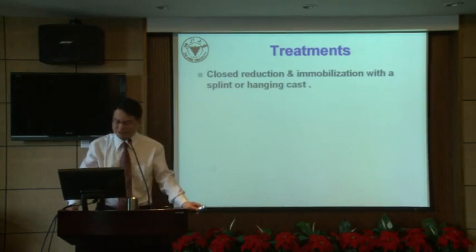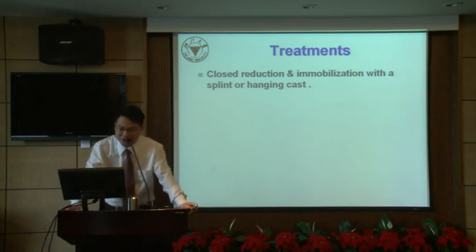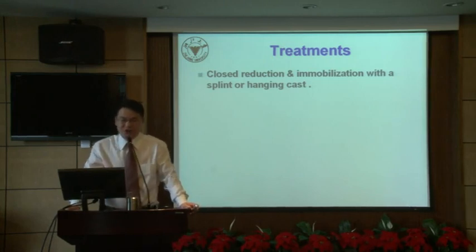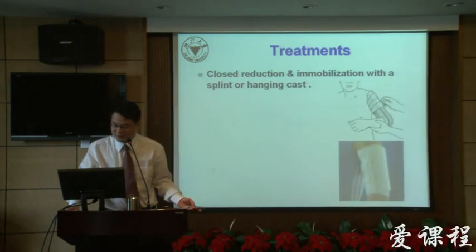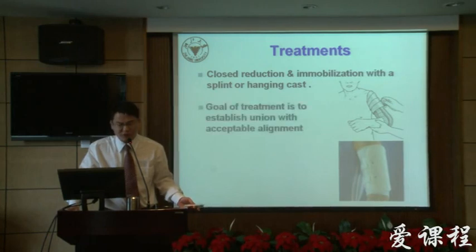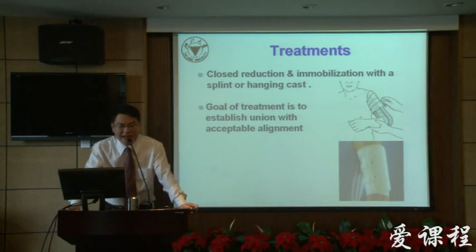For the treatment, sometimes you can try closed reduction and immobilization with a splint or hanging cast like this one, or these commercial products. The goal of the treatment is to establish union with acceptable alignment.